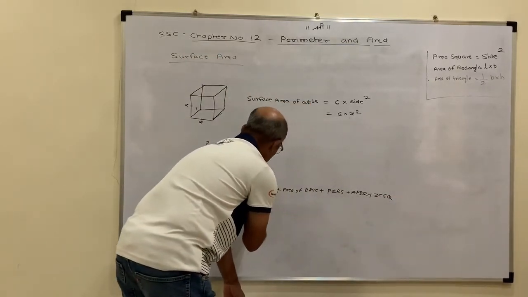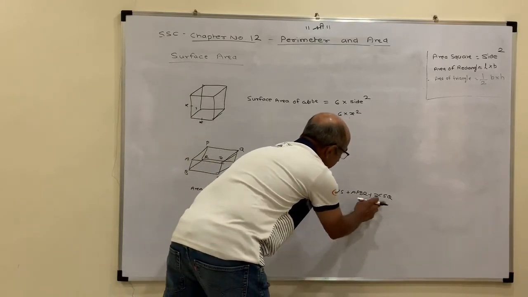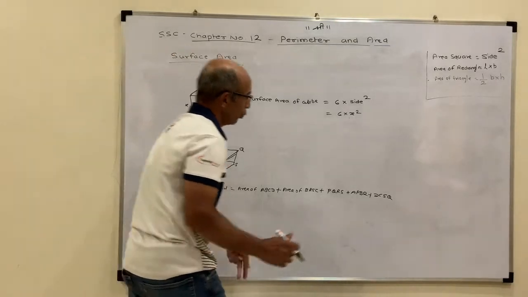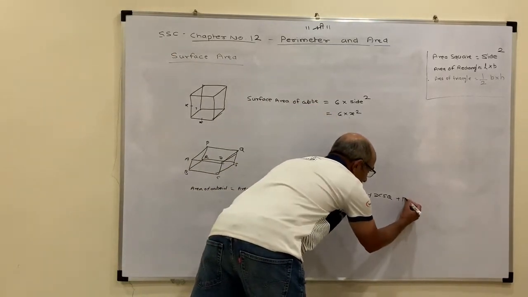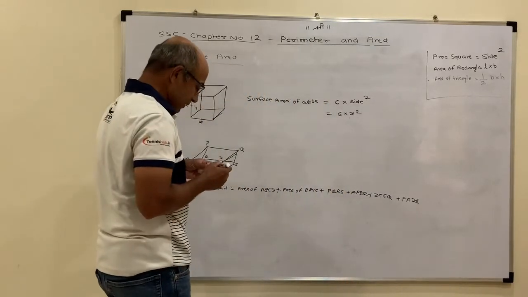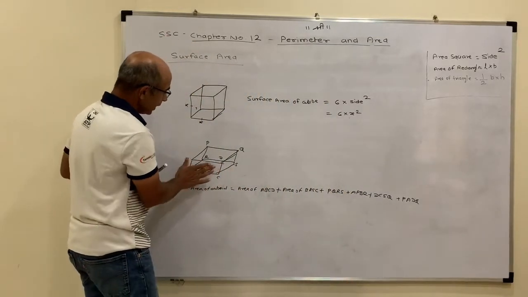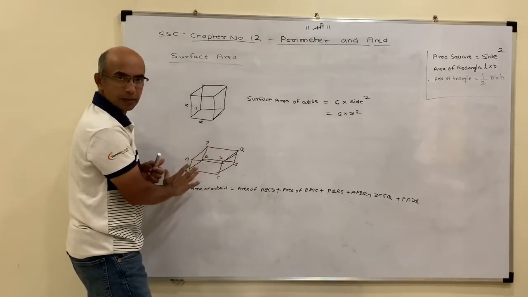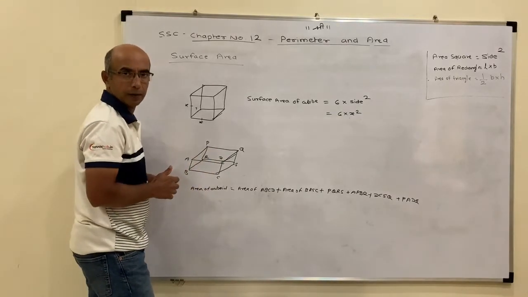So it's 1, 2, 3, 4, 5, and the top one PADQ. So the surface area of this cuboid is the sum of the area of each surface of this cuboid.